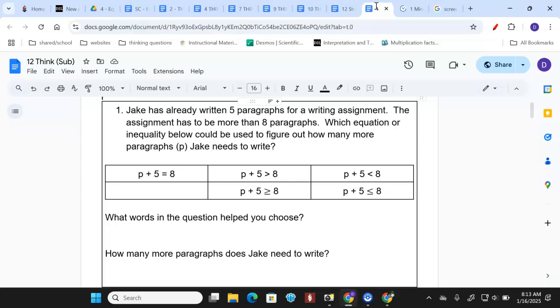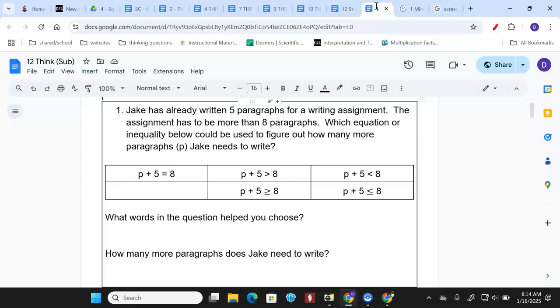So here's the situation I want to start with. Jake has already written 5 paragraphs for a writing assignment. The assignment has to be more than 8 paragraphs. Which equation or inequality below could be used to figure out how many more paragraphs Jake needs to write?